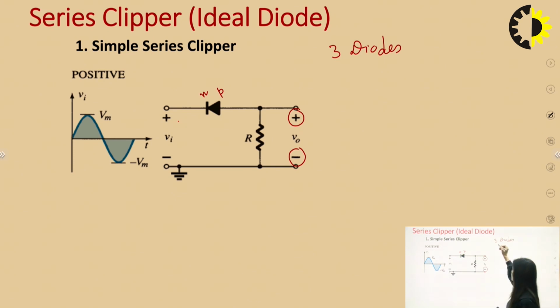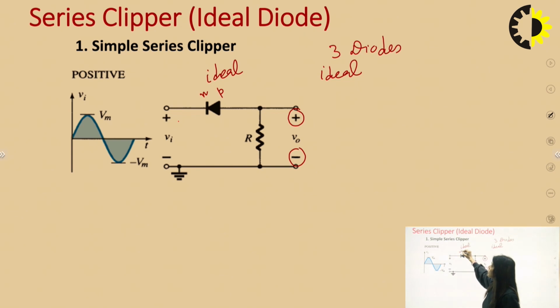In this numerical we have taken the diode to be ideal. The ideal diode in reverse bias condition behaves as an open circuit. The ideal diode in forward bias condition behaves as a short circuit. This should be very clear.